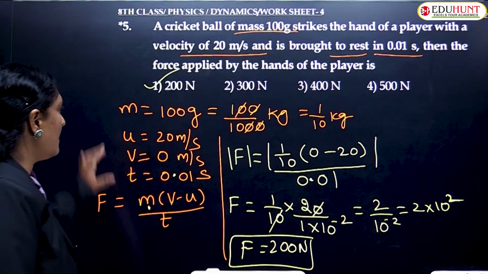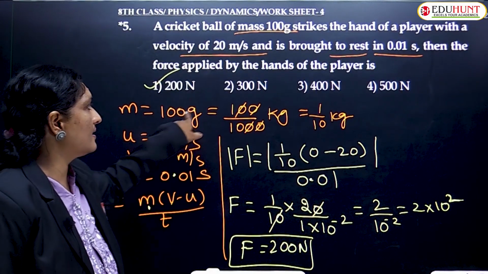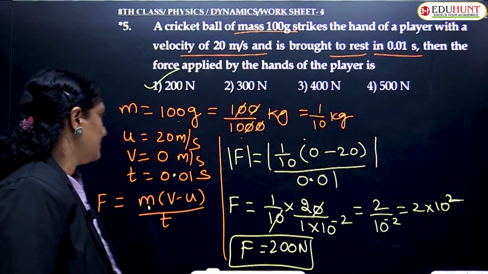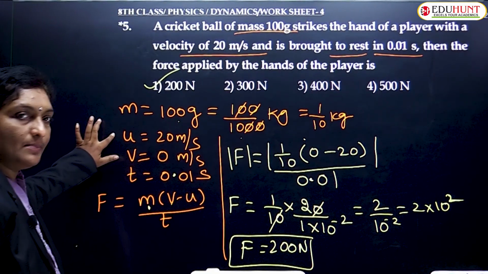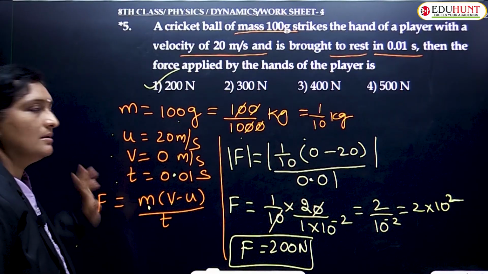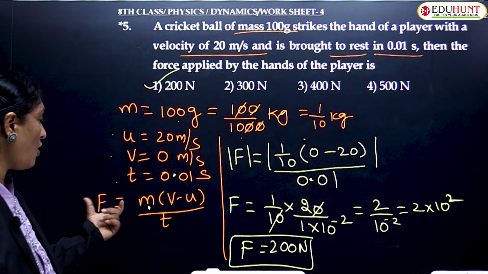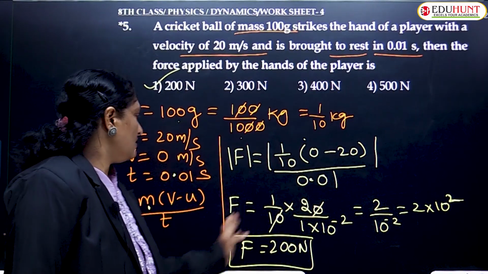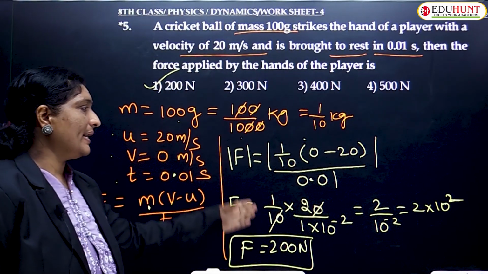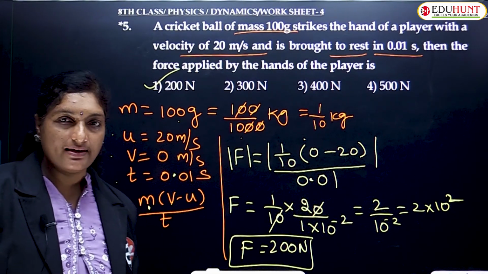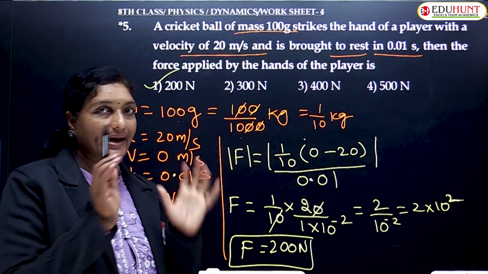Let me explain, children. Mass, how much is given? 100 grams, that is 100 by 1000 kg, 1 by 10 kg. Initial velocity 20 meter per second. Final velocity, rest condition. Time 0.01 second. Formula: M into (V minus U) by T. If we write it this way, you will get the answer in negative format. In order to avoid the negative value, I considered the magnitude.